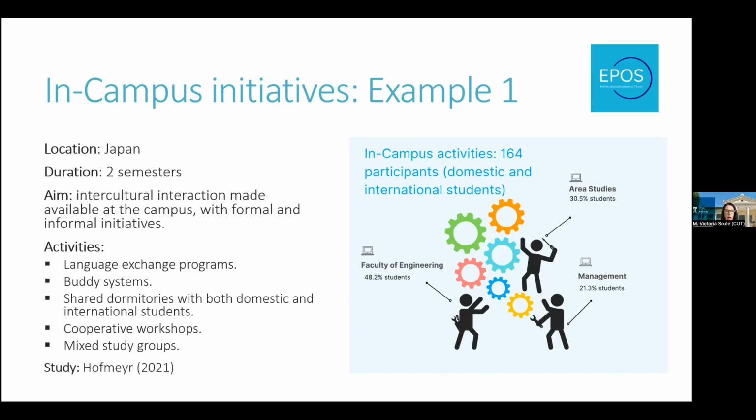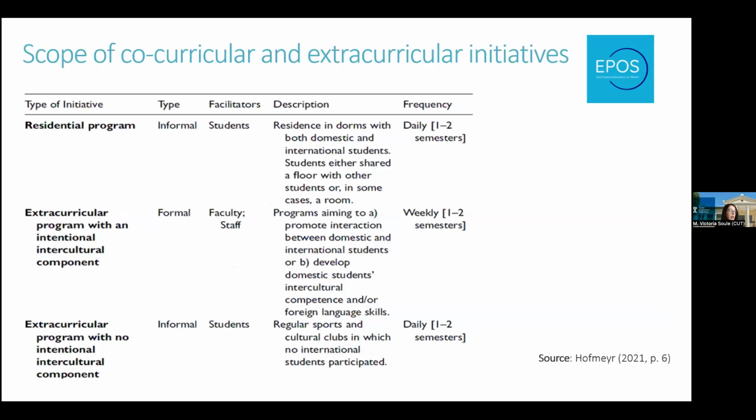So, how was this implemented? In this table, we can see 3 types of initiatives that were implemented outside the classroom. The first one is the residential program, where the intercultural interaction took place informally in the format, for example, of shared dormitories with both domestic and international students, as I was showing you in the previous slide.